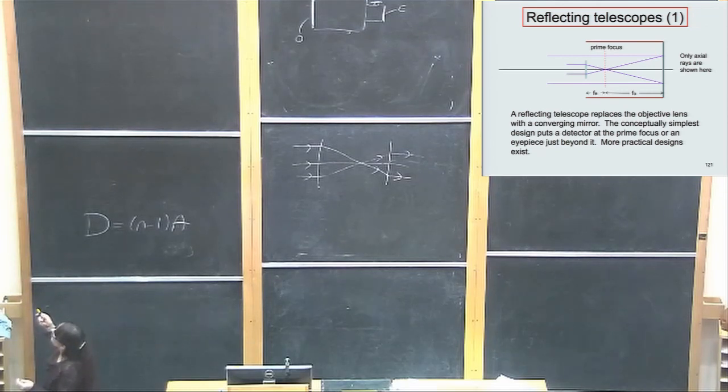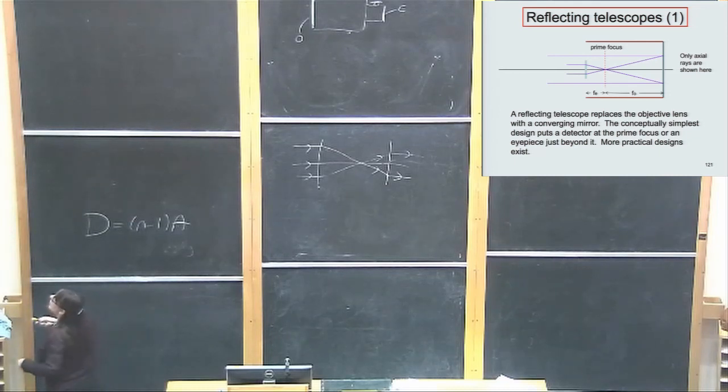Now you've got two choices at this point. You could do, if you wanted, so-called prime focus photography. So you could stick your photographic film or CCD chip here and take a picture, that's fine. But again, mostly you want to view it with the eye, so you'd have to let the rays diverge again, stick your eyepiece here, and then in this very simple example, an observer would sit here and view it, right?